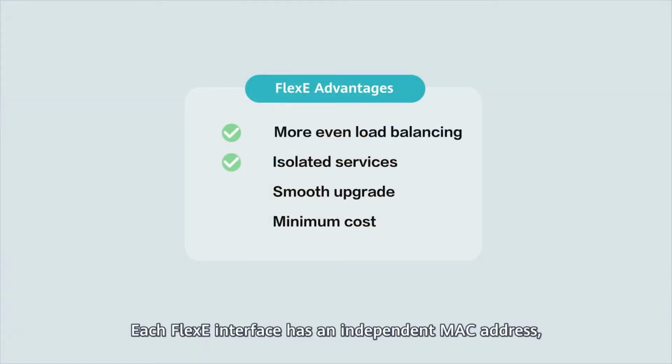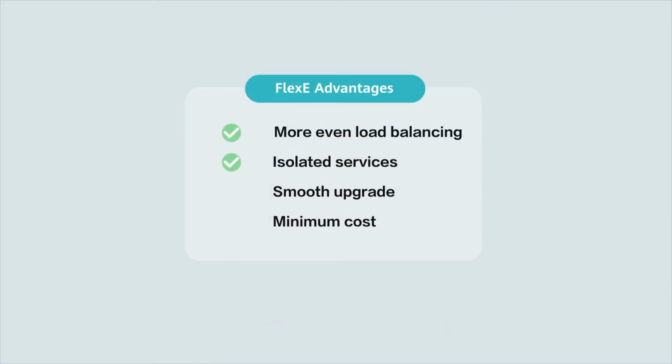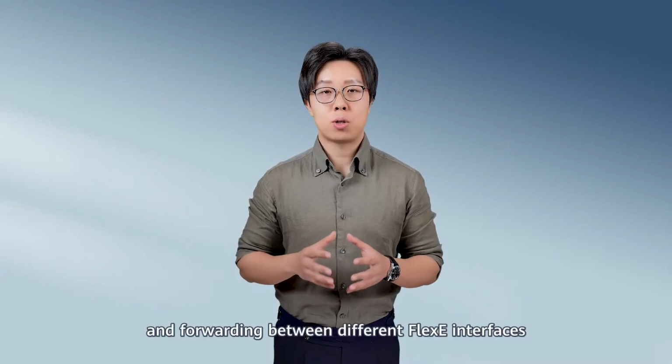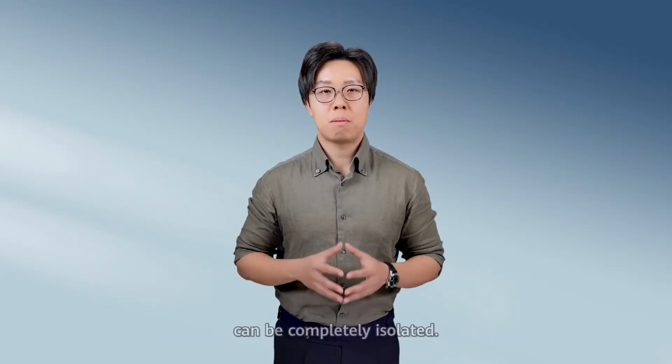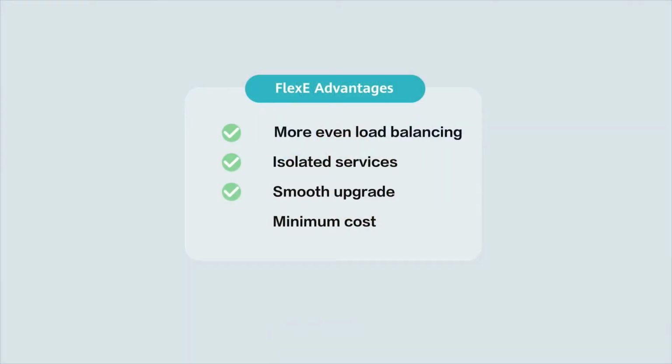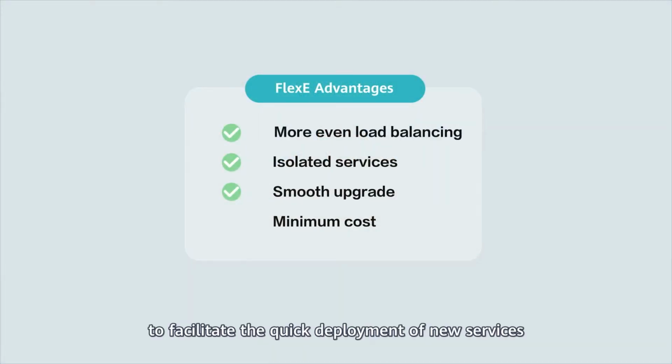Each FlexE interface has an independent MAC address, and forwarding between different FlexE interfaces can be completely isolated. Smooth upgrade. The network can be smoothly expanded to facilitate the quick deployment of new services without changing the network structure. Minimal cost. One network can be used for multiple purposes, maximizing network value and minimizing network adjustment costs.